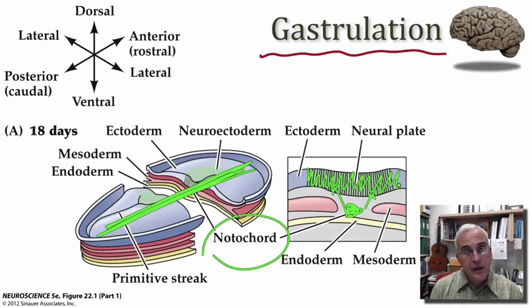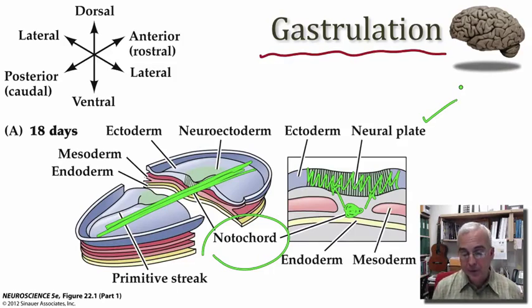That region of the ectoderm differentiates into a columnar epithelium that we call the neural plate. This neural plate, or sometimes we call it neuroectoderm, will begin the process of forming the entire central nervous system. So the notochord is responsible for inducing the differentiation of the neural plate.